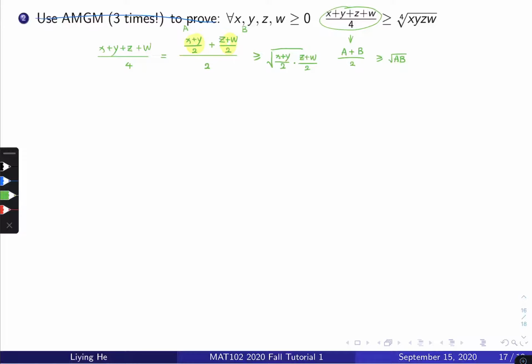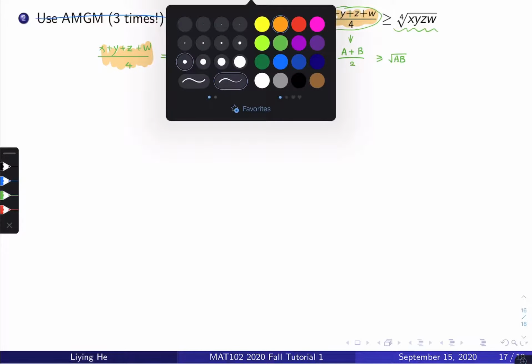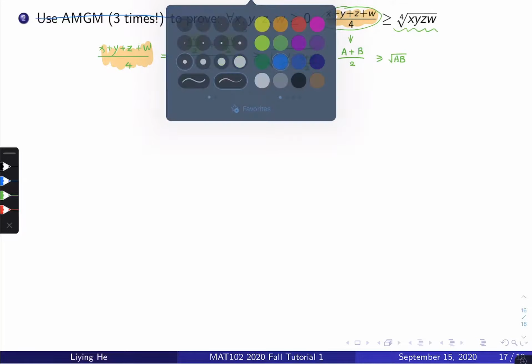Now, if we look at this, we'll see that we have one side of what we need to prove already. So we have this side, which is right here already. But this is greater than or equal to this, which is not this. Okay? Now, just by looking at what's inside my square root, let me use another color.